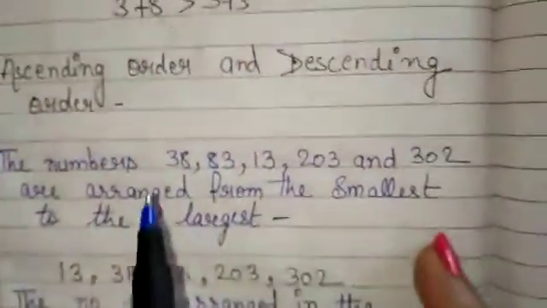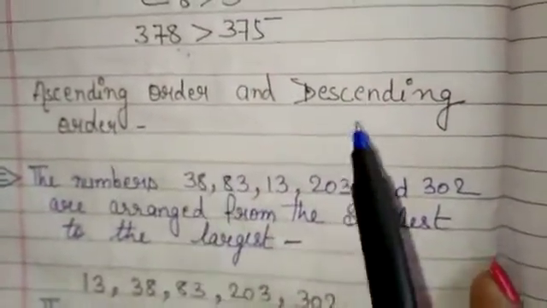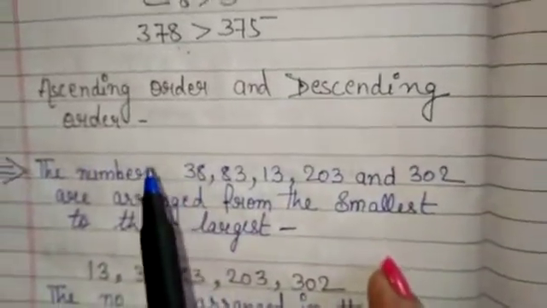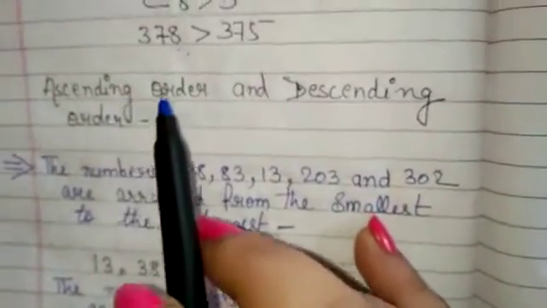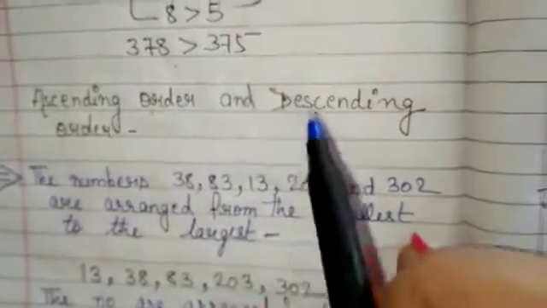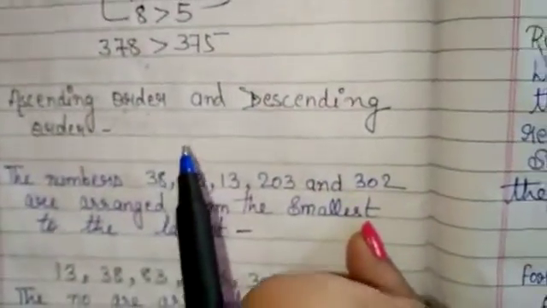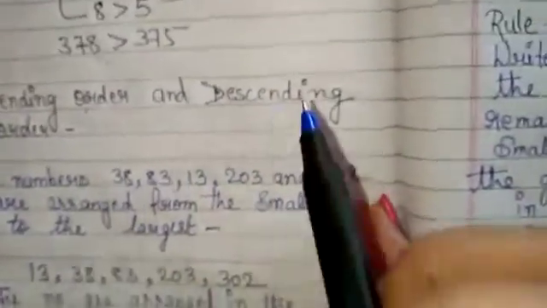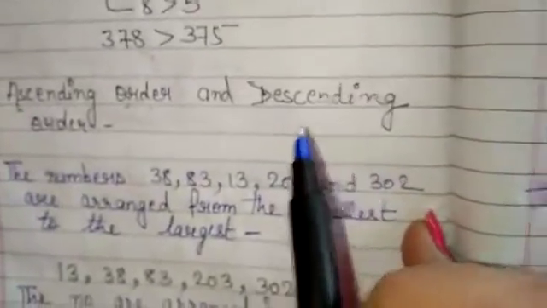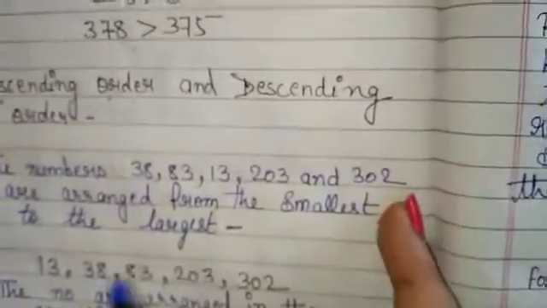Now we will move to ascending order and descending order. Before starting the topic, I would like to tell you that ascending order means the numbers from smallest to greatest, and descending order is from greatest to smallest.